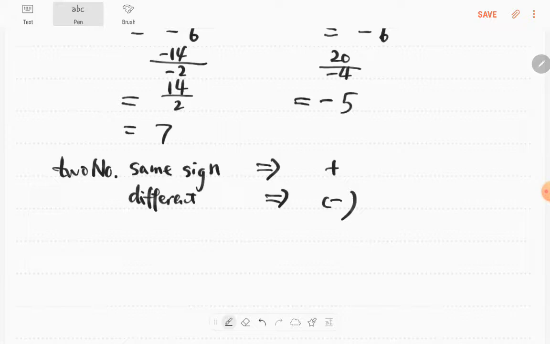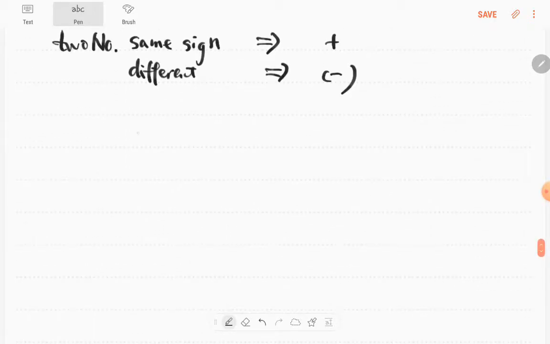Okay. So let's check the fraction example. So this time we want to do 2/3 divided by -4/5.